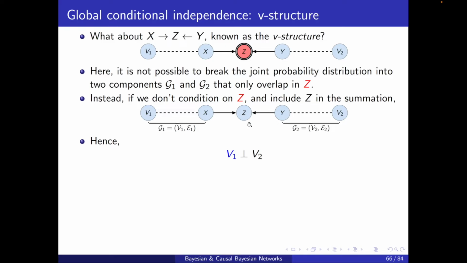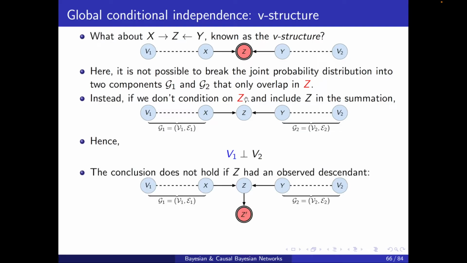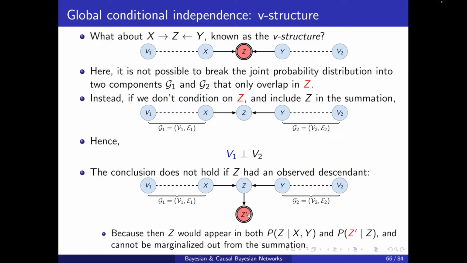Okay? When I condition on it, it's actually the other way around. I cannot conclude that they are independent. Now, note that the conclusion does not hold if Z had an observed descendant, like Z prime. Why?